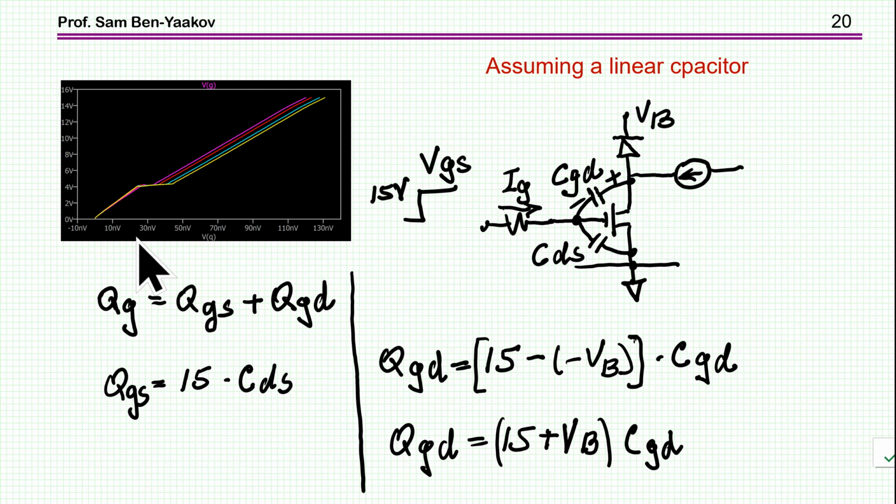I'm going to discuss it in a more intuitive way. So we see that this curve of the charge and the input voltage is affected by the drain voltage. That is the swing between the transistor being off until it is going into the full conduction.